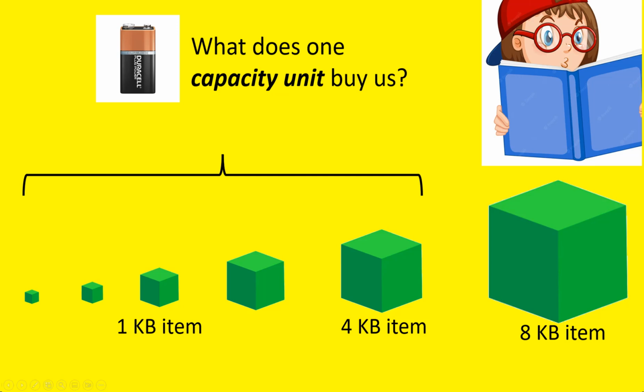Because we're trying to read an item that's twice as big in the same amount of time, something has to give, so we have to have twice as many read capacity units. We wouldn't need 1, we'd need 2 read capacity units if we were intending to read an 8 kilobyte item.